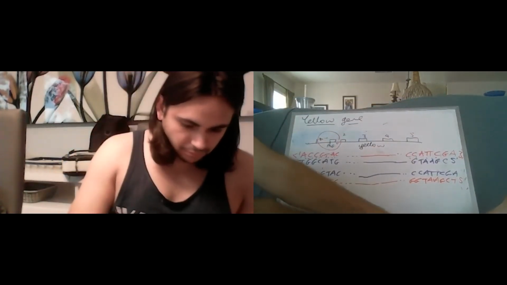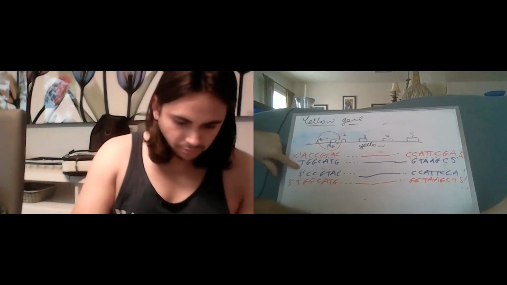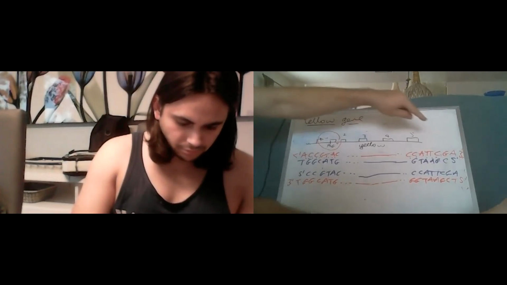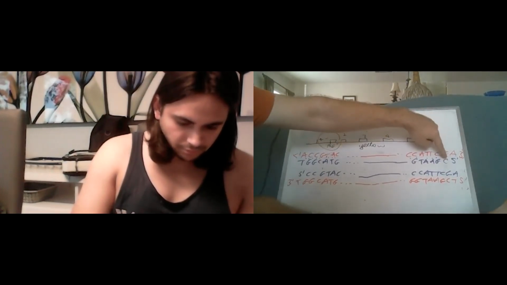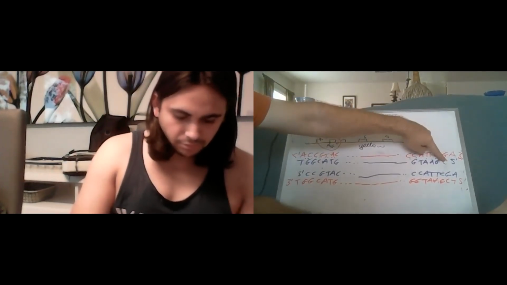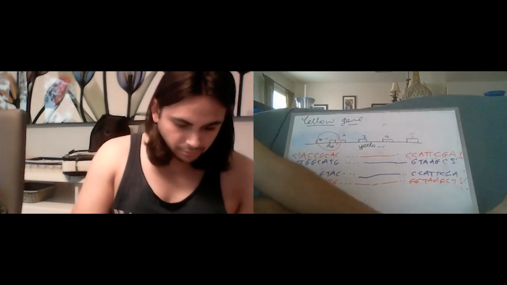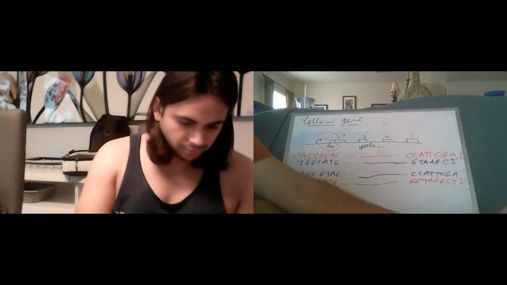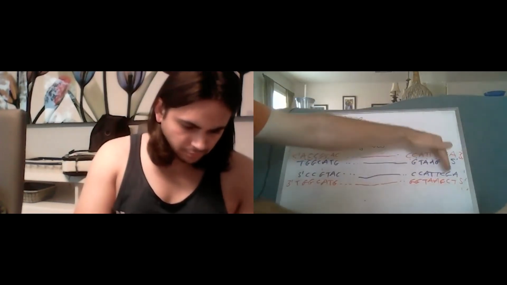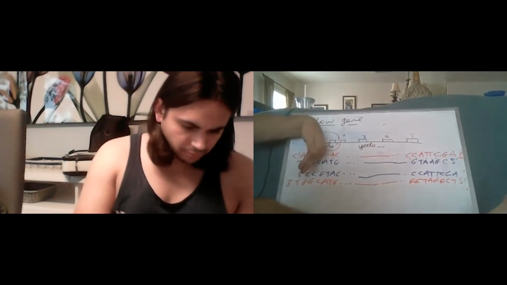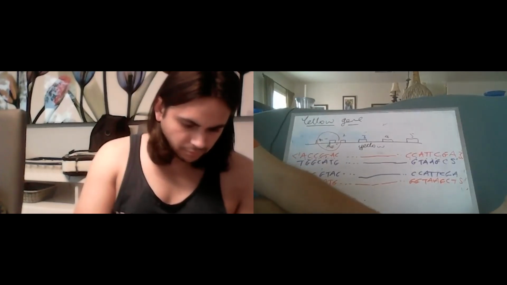So we designed our primers so that the first base of the primer here is 401 bases away from the first base of the primer over here. So they are literally bookends. They define the ends of the piece of DNA that you're going to be amplifying.